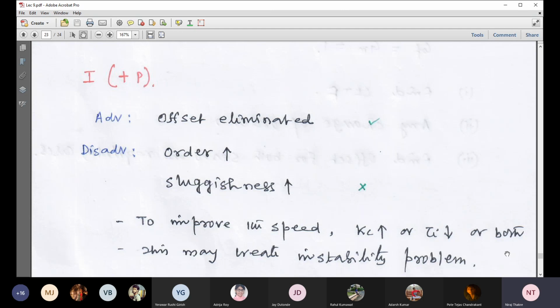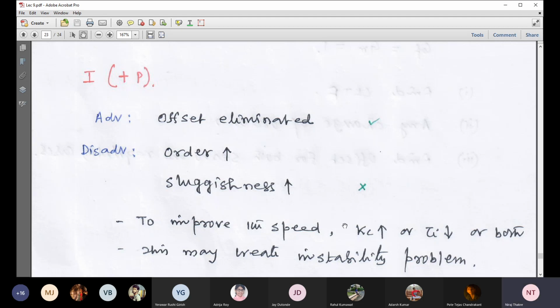I hope you understood this. If we want to eliminate offset, we can add integral action. If we add integral action, we face this drawback: order increases, and order increases means sluggishness increases. So how can we overcome this situation? Either we can increase Kc or decrease tau I, or both.